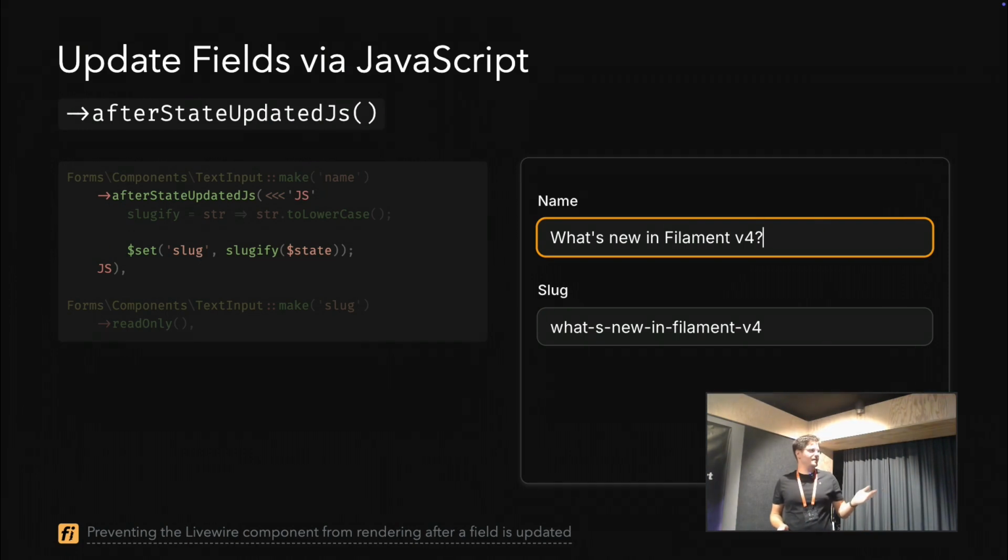I use the set method, which sets the state of another field, and I use the state variable that gives me the current state of that field. So you can use these two methods and that one variable to interact with the fields.